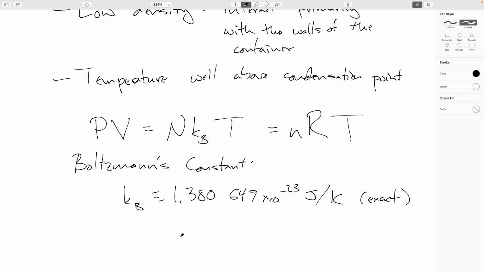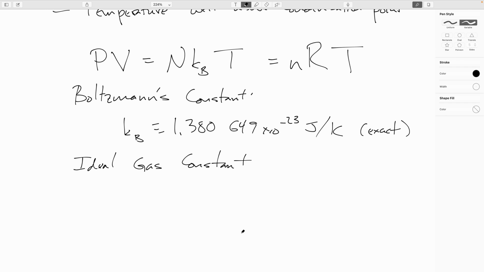If you prefer using the ideal gas constant, the ideal gas constant is Boltzmann's constant times Avogadro's number.